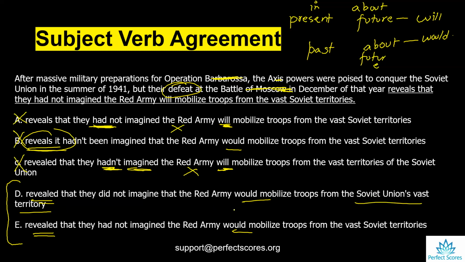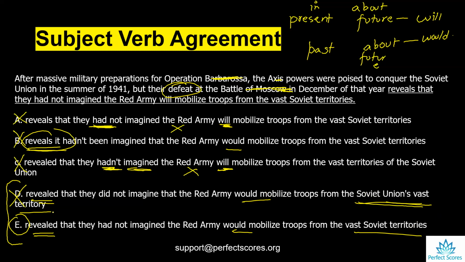It doesn't talk about Soviet Union. Yes, that apostrophe, yes, that's correct. So you don't really need all of these extra words. Vast Soviet territories would do just fine because it's not changing the meaning of the sentence. So that means you can use less number of words. So E is definitely going to be the answer.